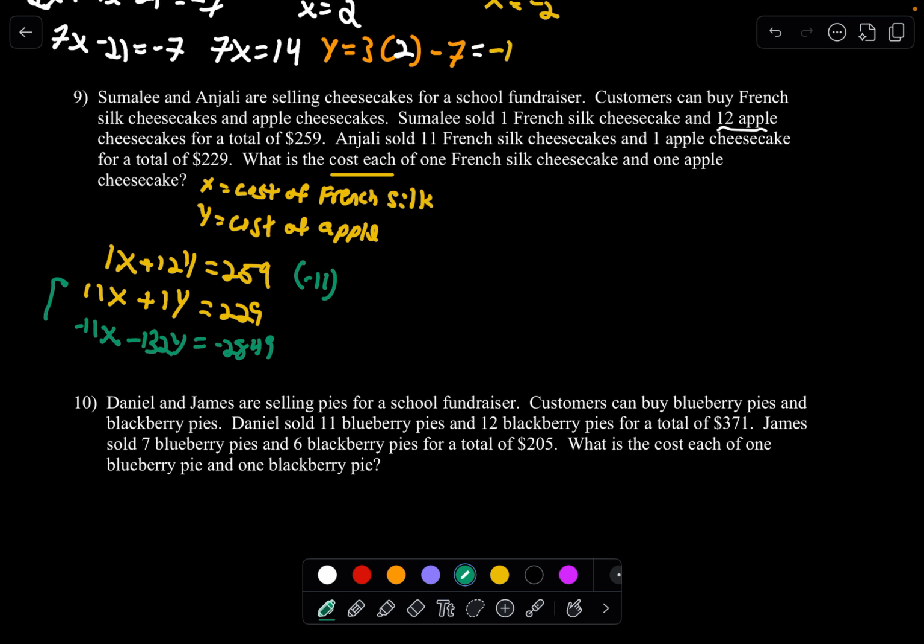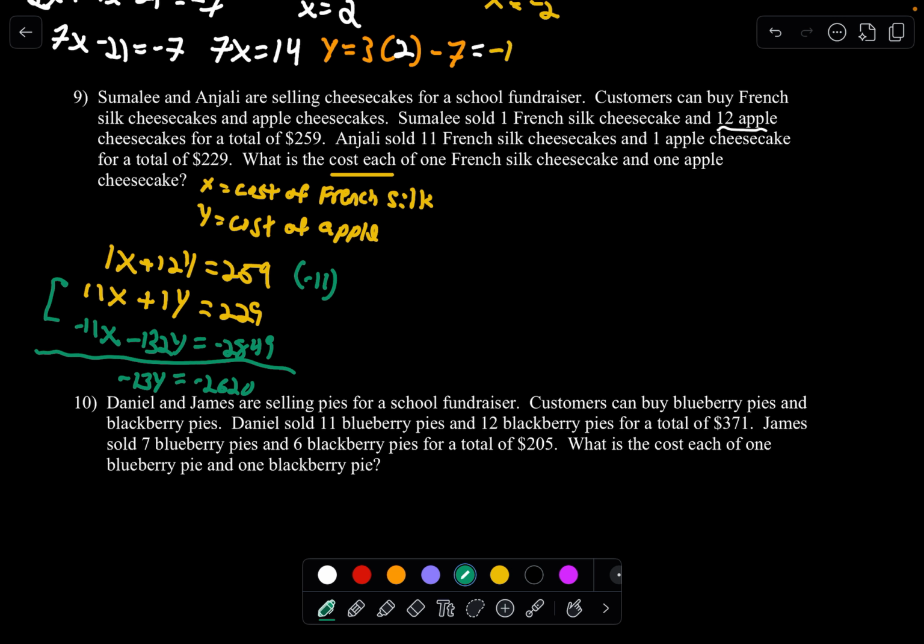So now we can just add these two together. So the x's go away and you get negative 131y equals whatever, 229 plus a negative 2,849. That's negative 2620.